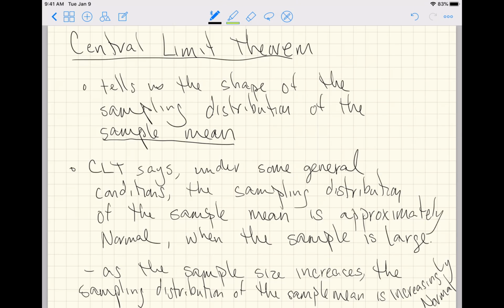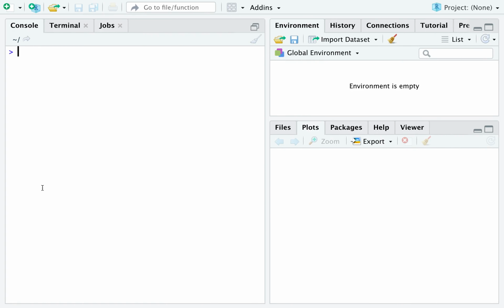As long as the sample size increases, the shape of the sampling distribution for the sample mean will be approximately normal. Let's see if we can convince ourselves of this using some simple, I hope, R code, because we've kind of seen it before, with some particular examples.